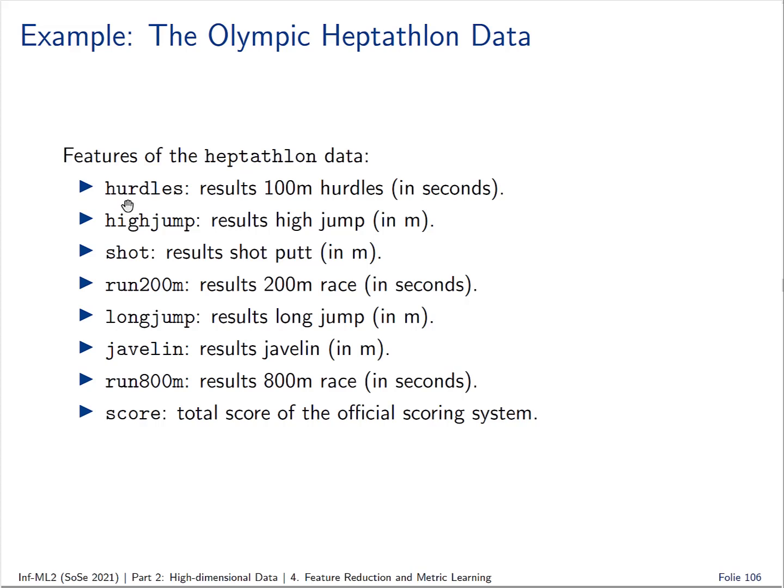We have running disciplines, jumping disciplines, and throwing, like throwing the javelin, or shot put, where we measure something in meters, and the higher the better. Those are the features: 7 different features for the 7 different disciplines, and the overall score of the official scoring system that gave us the score for the medals.